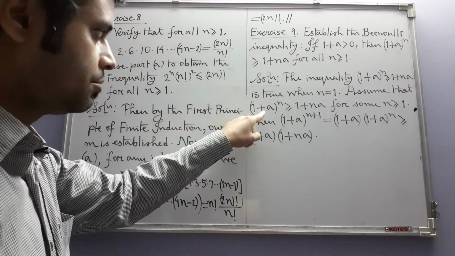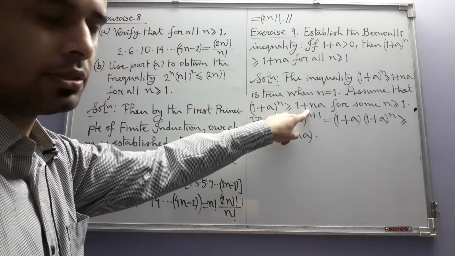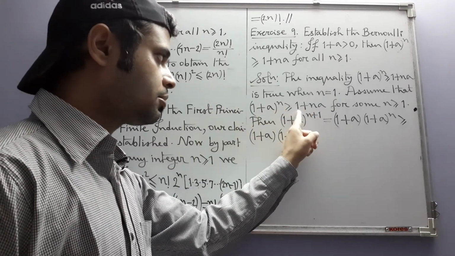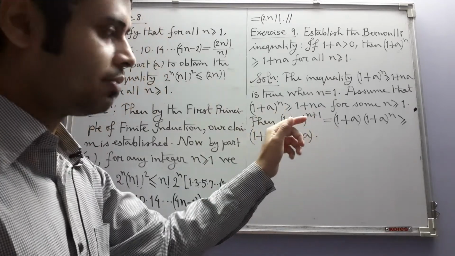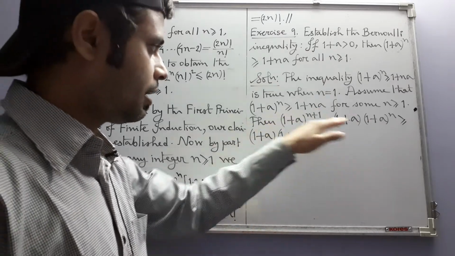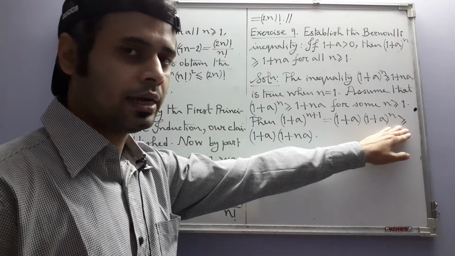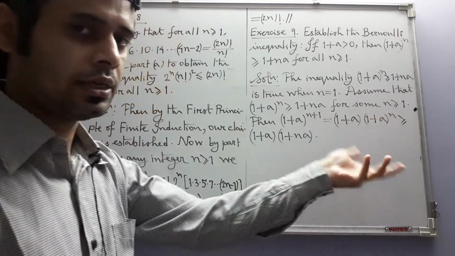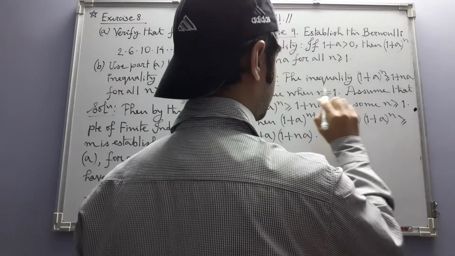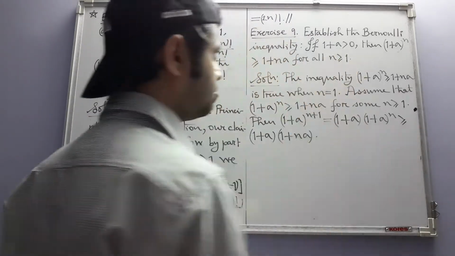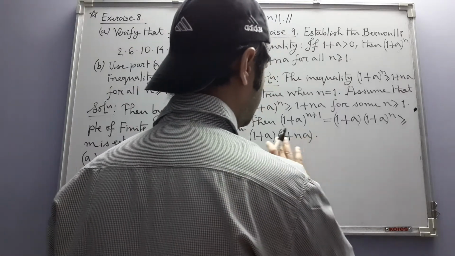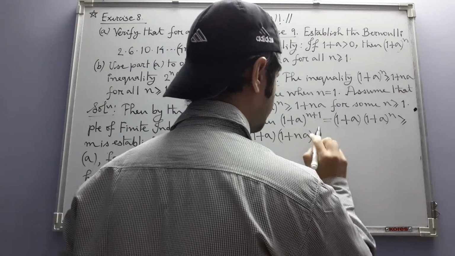Where we have used the induction hypothesis, note that both sides of this inequality have been multiplied by 1 plus a, and the inequality has not changed in direction, it has not got reversed. That is because 1 plus a is given to be a positive real number. So that's why we can write like this.